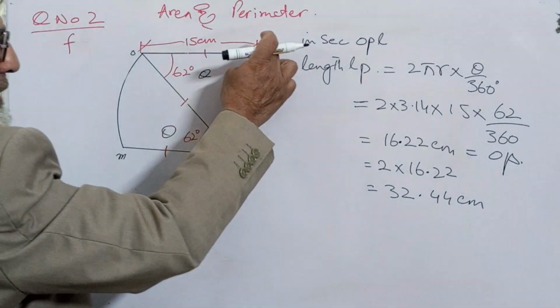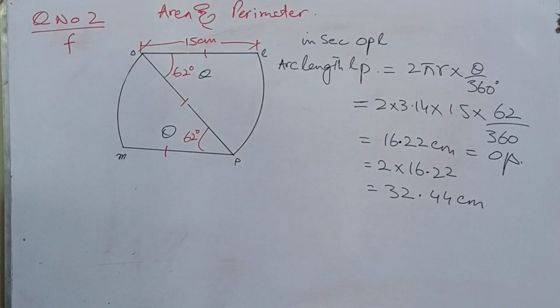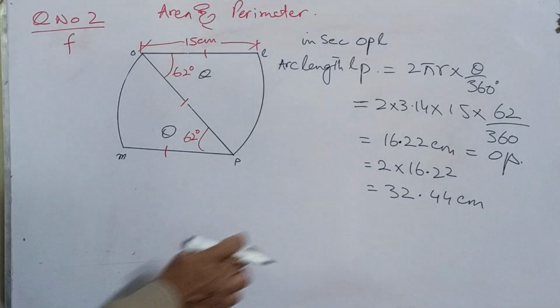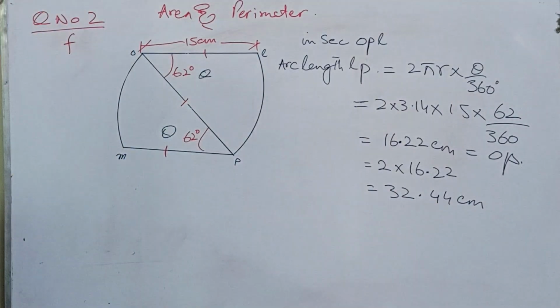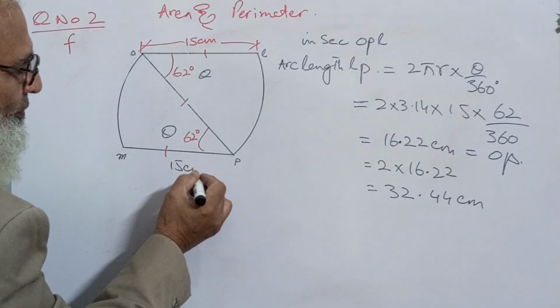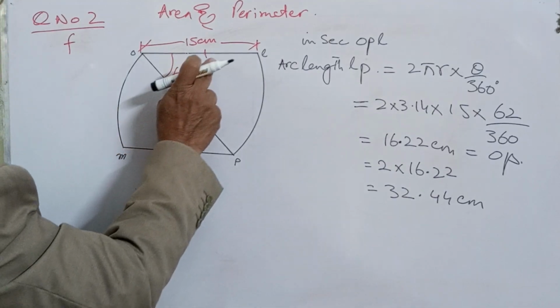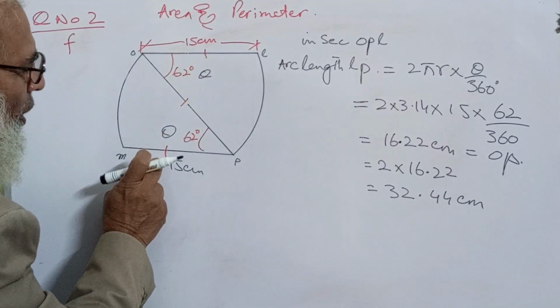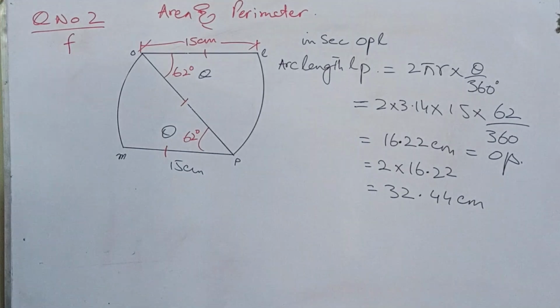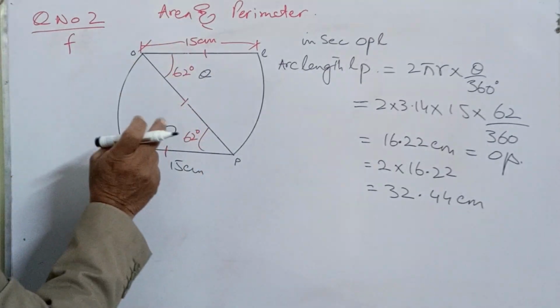So I've got the two arc lengths. The perimeter of the two arc lengths only is 32.44 centimeters, and 15 here and 15 here, because this small short line shows that all the radii are equal. If this is 15 centimeters, this is 15 centimeters, this is 15.